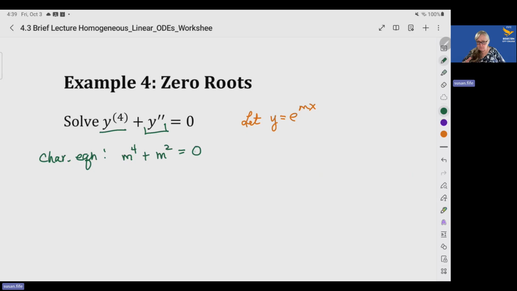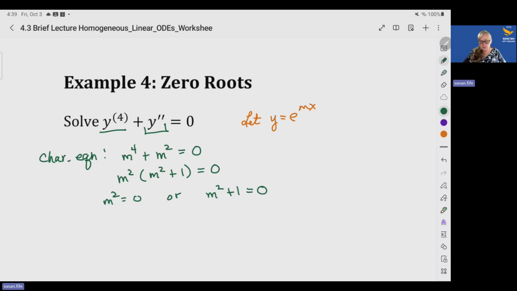You can solve this by factoring out m squared. And you get m squared equals 0, or m squared plus 1 equals 0.